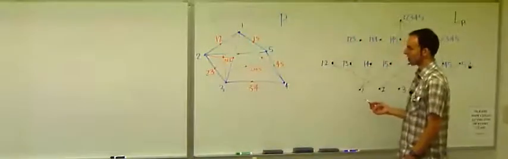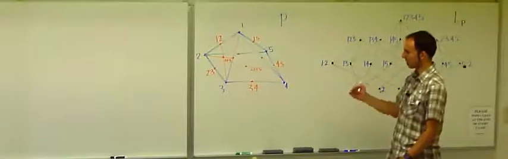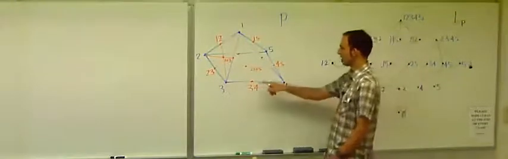Basically what I'm going to do is join barycenters if one face is contained in another one. Okay, so like 3, 4 is contained in 2, 3, 4, 5, and so I join this, and you basically end up with this picture.